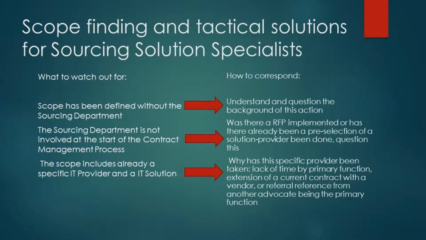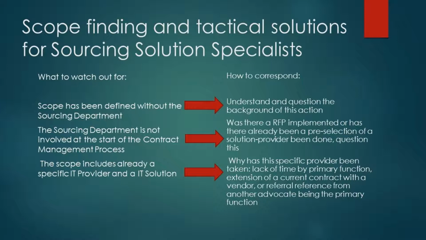The next point would be: the sourcing department is not involved at the start of the contract management process. Was there an RFP implemented, or has there already been a pre-selection of a solution provider? Question this. For example, if there has been an RFP already done or a tender process implemented, has there already been a pre-selection of a solution provider?